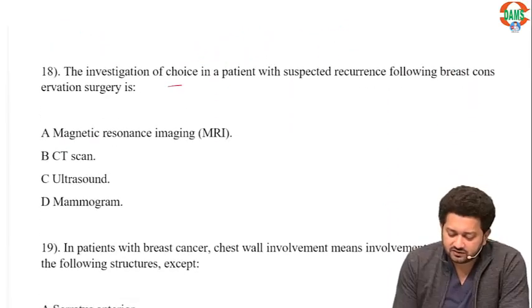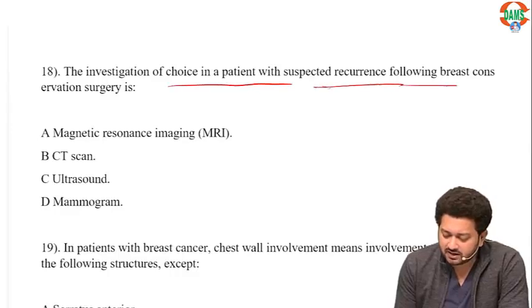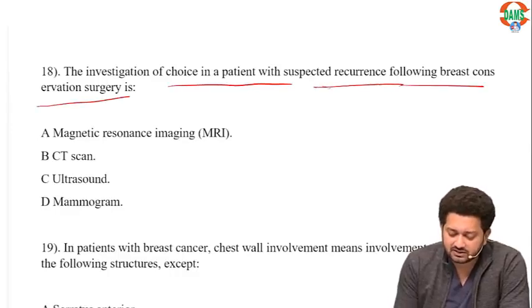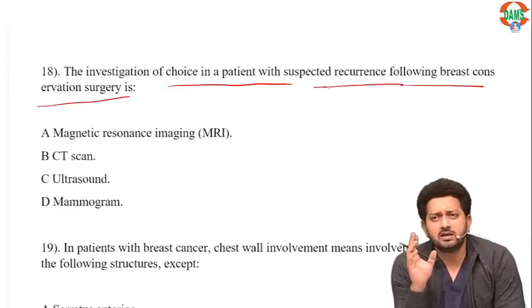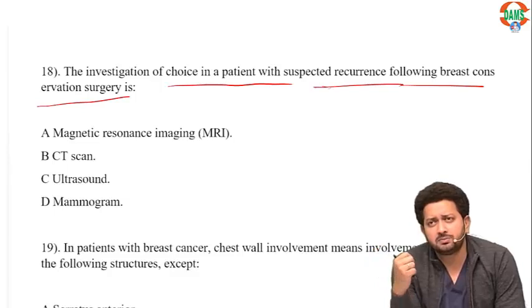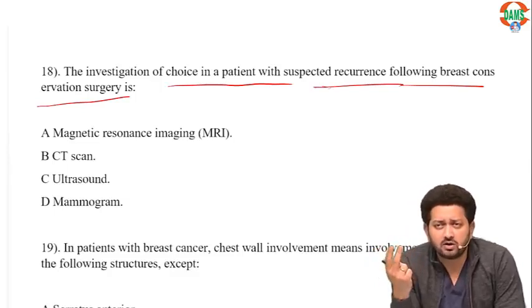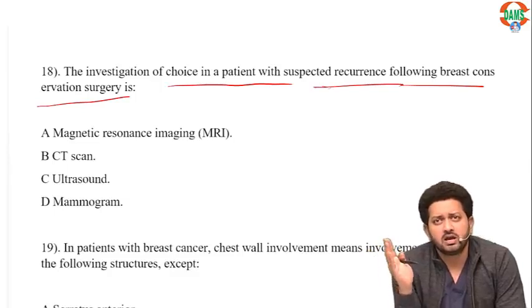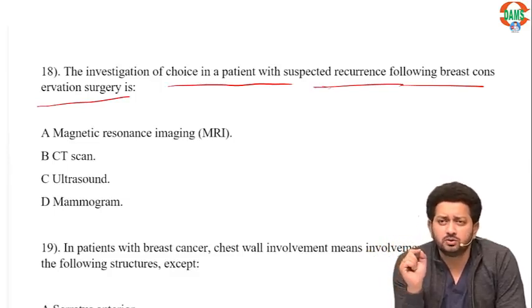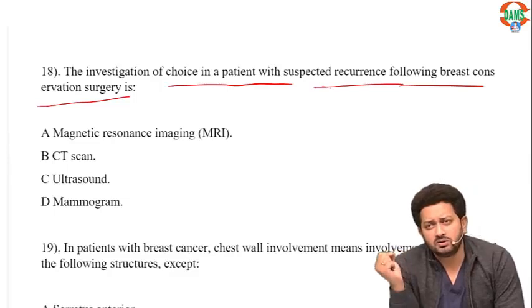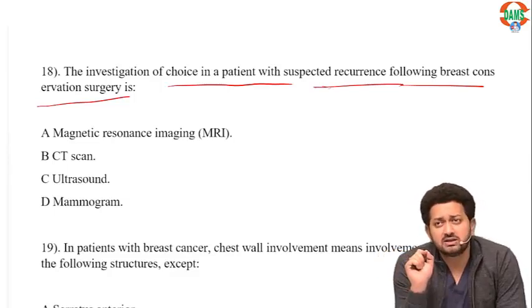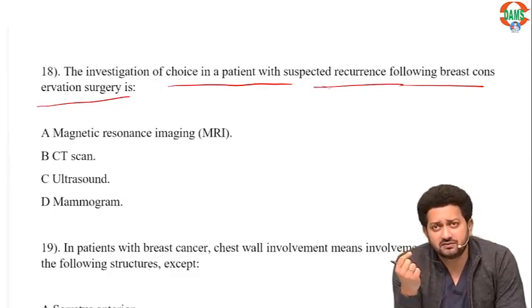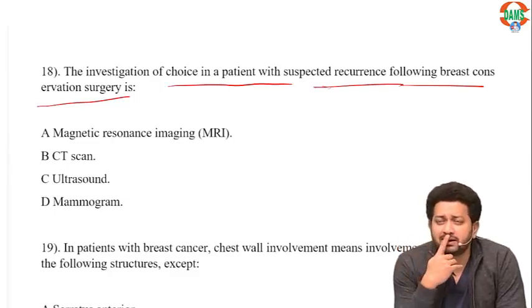The investigation of choice in a patient with suspected recurrence following breast conservation surgery is... In breast cancer, mainly we do the triple assessment: history and clinical examination, then radiological, and then tissue diagnosis. Radiological investigation is mostly mammography for more than 40-year-olds and ultrasound for less than 40-year-olds. But in this question the patient already underwent breast conservation surgery and now you are suspecting recurrence.